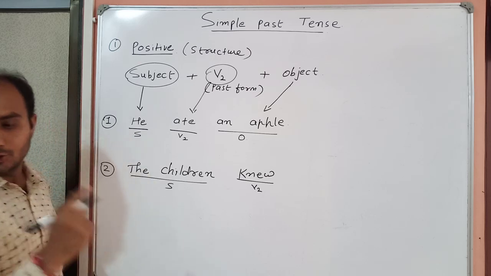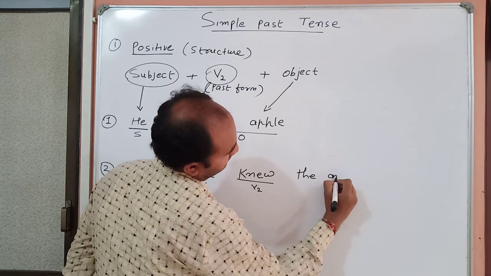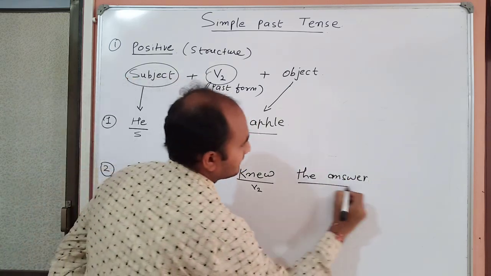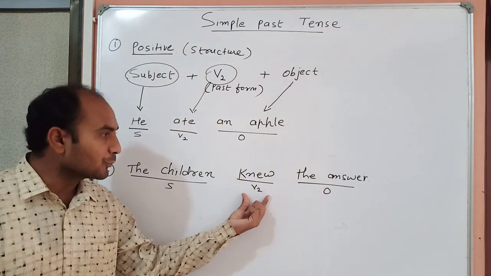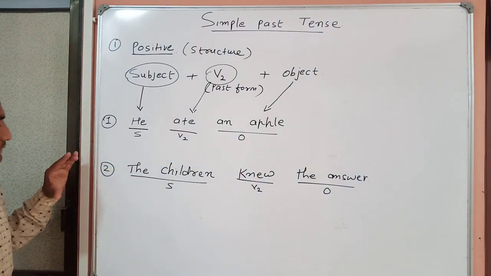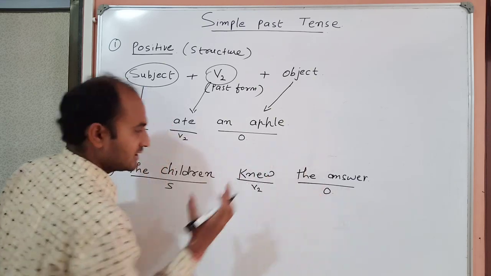The children knew the answer. It is an object. The children knew the answer. Here, subject plus V2 plus object.